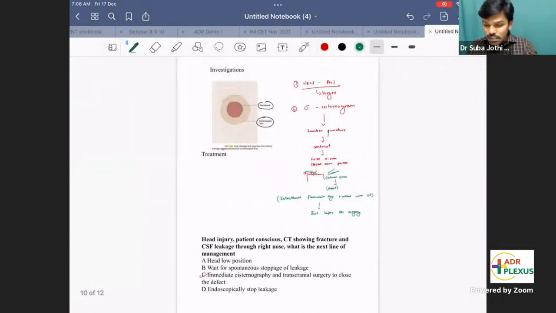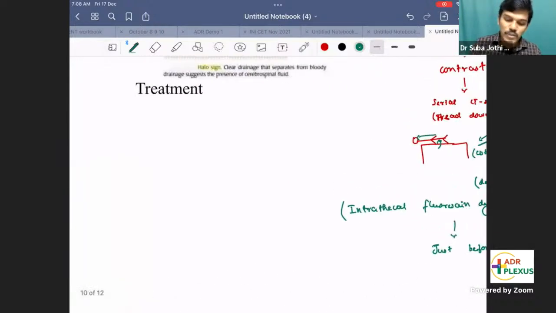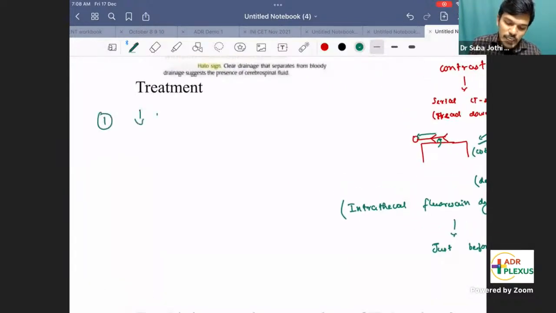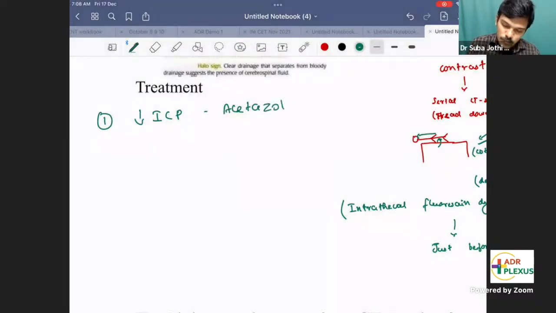If the patient has been operated for CSF rhinorrhea repair, what are the other things that we should give? We should reduce the intracranial pressure with the help of acetazolamide. Then we should use stool softeners like Dulcolax. Then we should use diuretics.